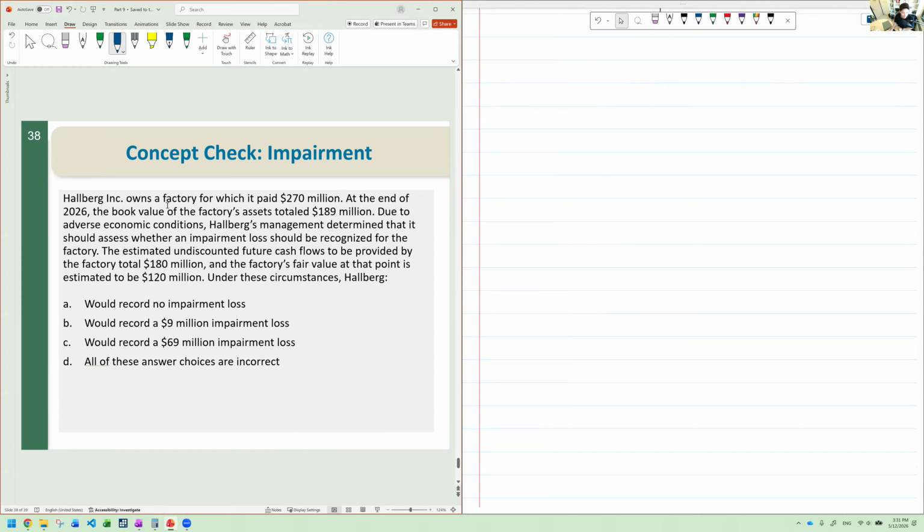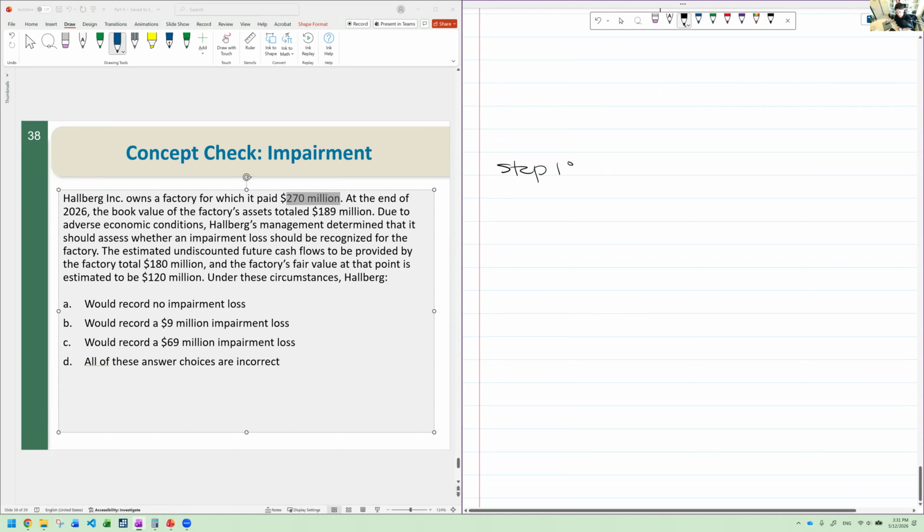This company owns a factory for which it paid $270 million. So the purchase price is $270 million. At the end of 2026, the book value of assets totaled $189 million. So the book value, step one, is $189 million.